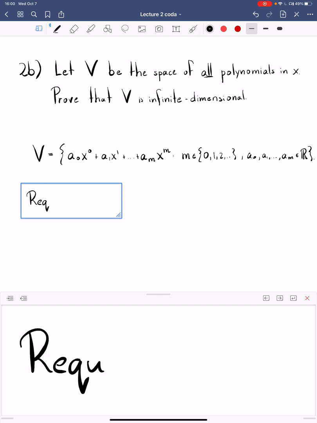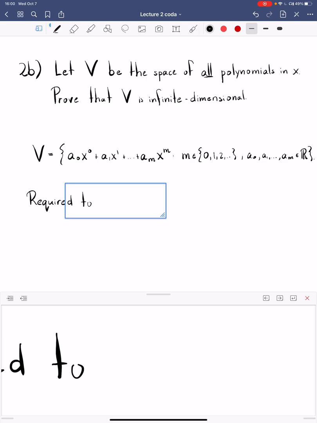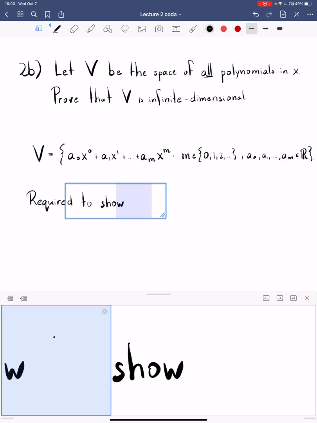So we're required to show, so you have to just use the definition of what it means for a vector space to be infinite dimensional. And what that means is to show that V contains linearly independent sets which can be arbitrarily large, right? So how do you write that down more precisely?